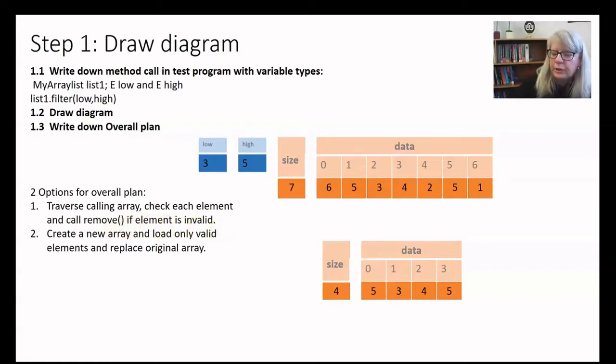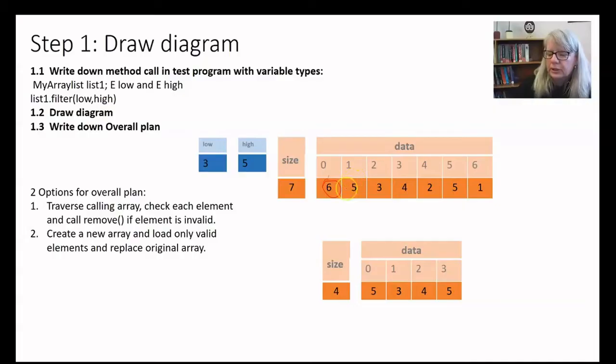So if we play computer, traverse means step through the array. So you can look at 6. Is it valid? Is it between 3 and 5? No. So let's call remove, because our class has a remove method. And just remove it.